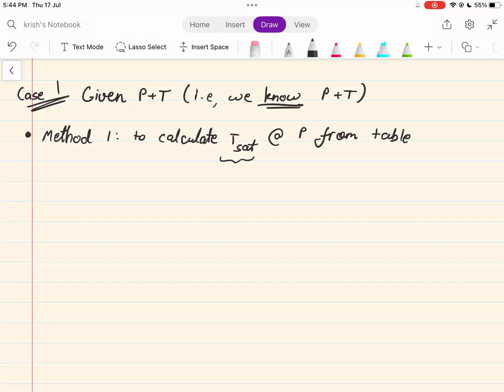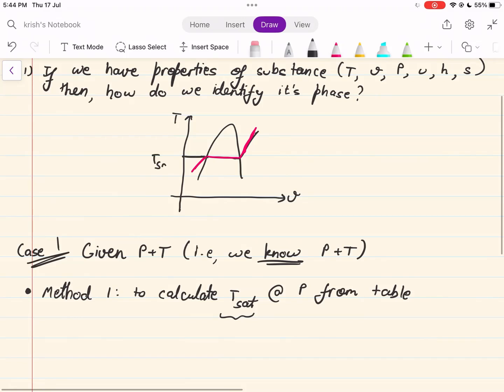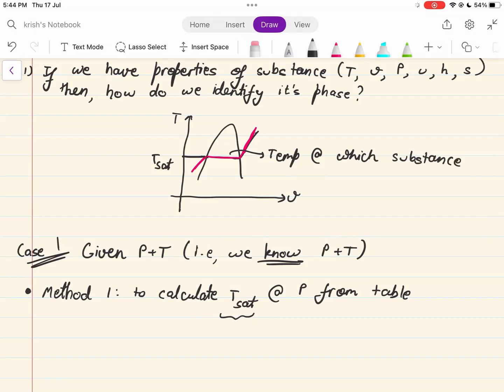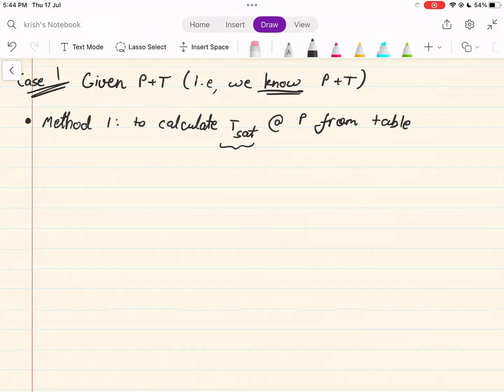Try to recall T sat was the boiling point with respect to what I'm telling you. T sat was the boiling point at P sat, right? So T sat can also be said to be this temperature, that is the temp at which the substance is a saturated mixture. So this point is known as T sat.